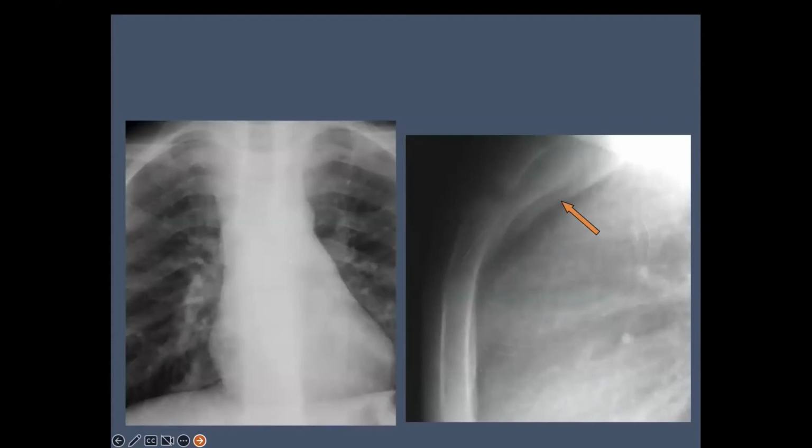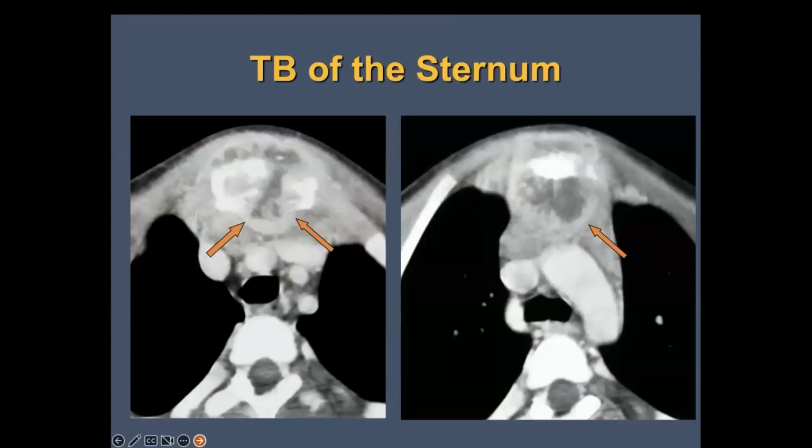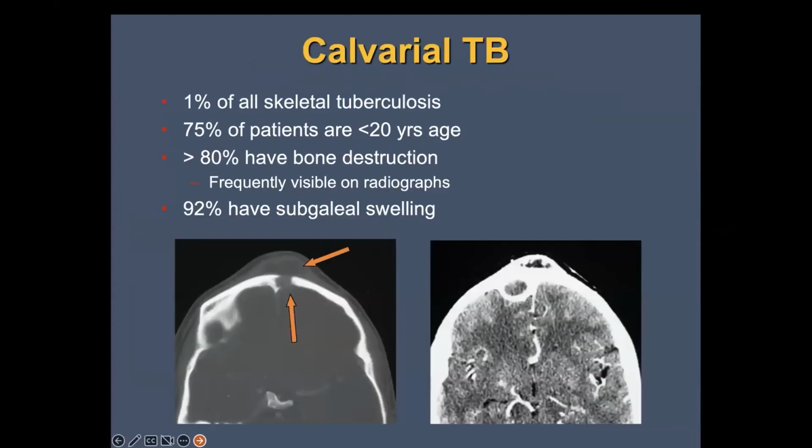The patient did have a little bit of anterior chest pain, so they did a CT, and what they found was really a large area of destruction within the sternum with necrotic material that was extending both anteriorly in the chest and also into the retrosternal space and into the anterior mediastinum. So this is not a commonplace, but it just is a reminder that if you have a bone lesion that's not acting like your typical pyogenic infection, you should maybe think of TB.